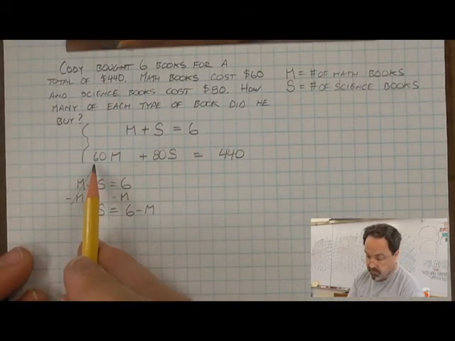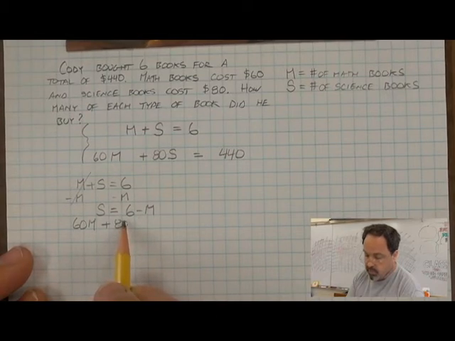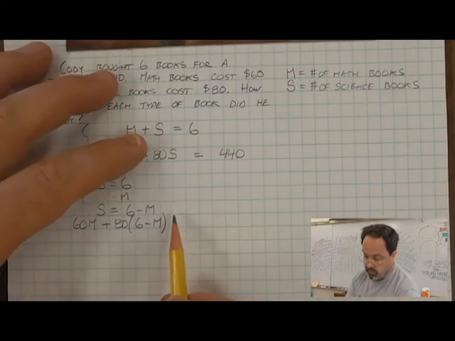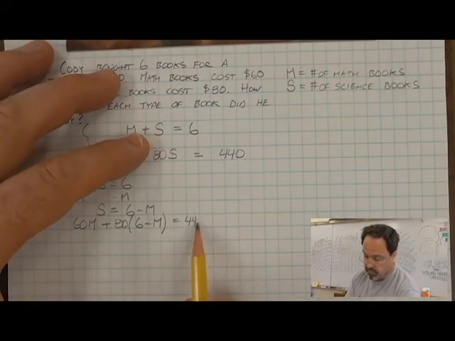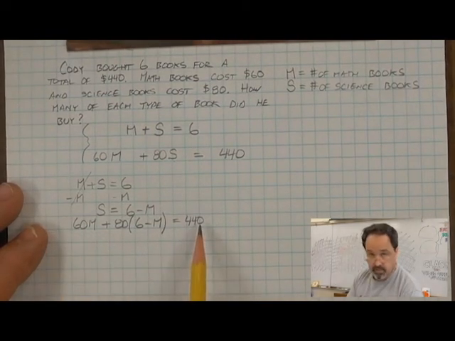Let's do that. I'm going to take the second equation and rewrite it. 60m plus 80, but when I get to s, I'm not going to write s, I'm going to substitute in what s is equal to. 6 minus m, and I'll finish up is equal to 440. This right here is an equation with only m in it.